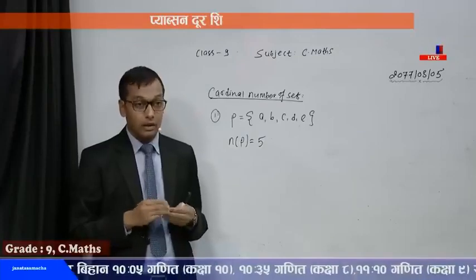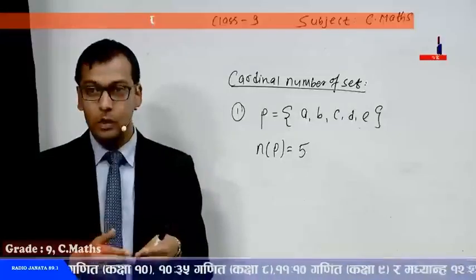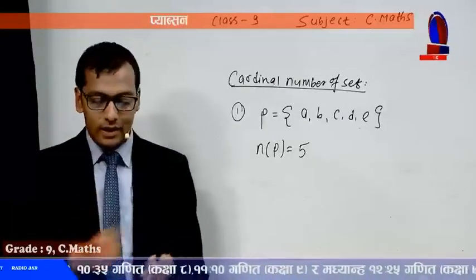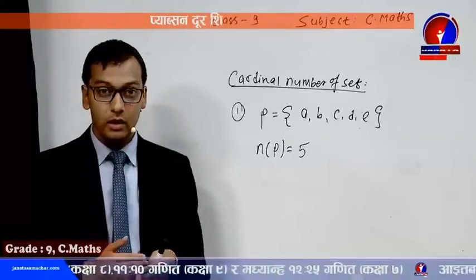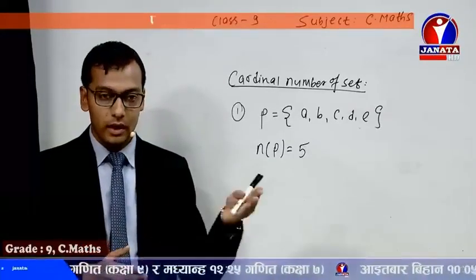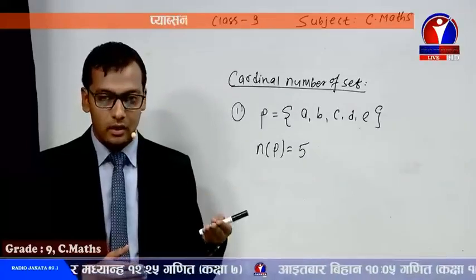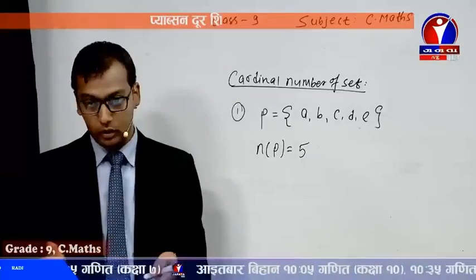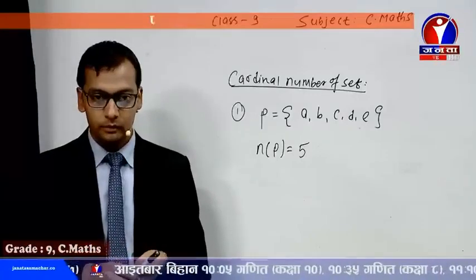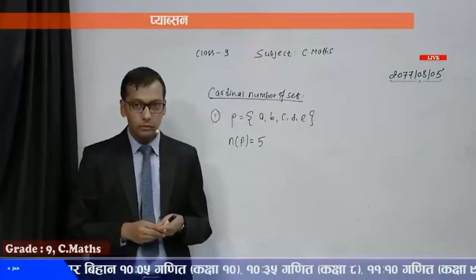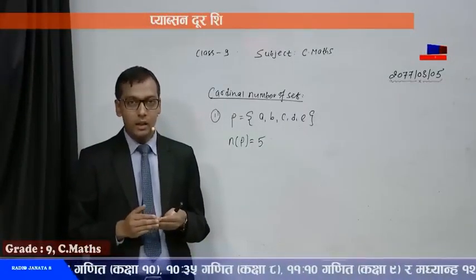We also discussed different types of sets, like unit set, empty set, singleton set, overlapping and so on. There are many I discussed. I also talked about what the cardinality of a set is.